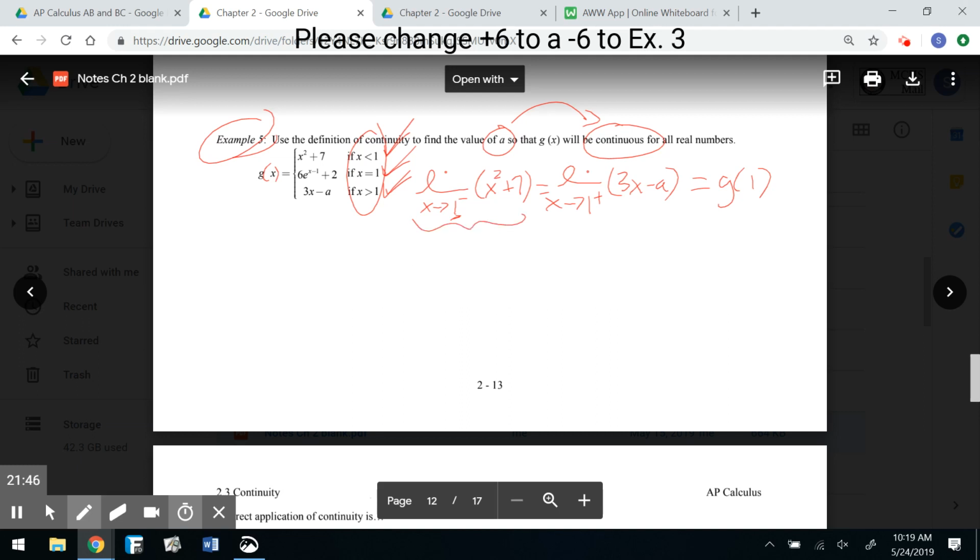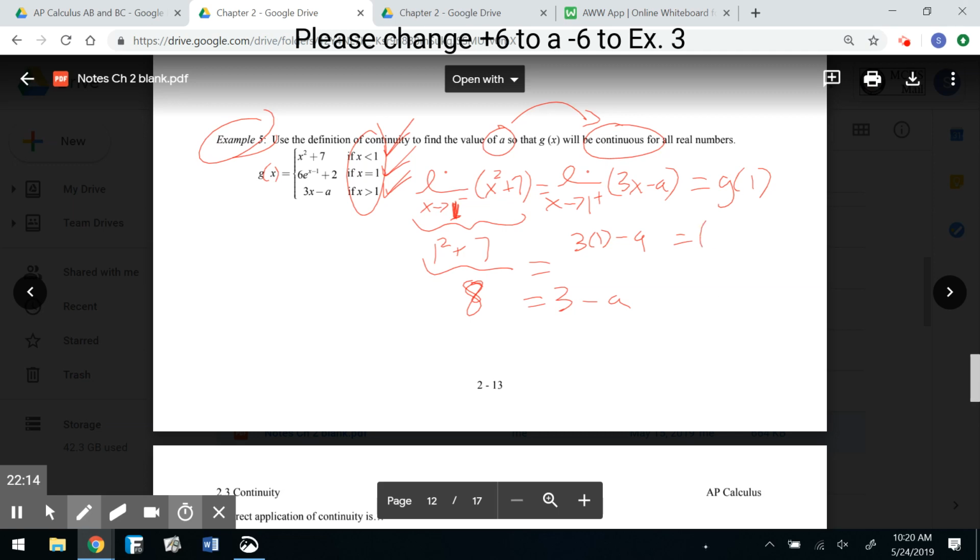All right, let's evaluate these limits. What's my first step? Direct substitution. Let's take that 1 and plug it in there. What do we get? 1 squared plus 7, which gives me 8. Okay, let's plug a 1 into the next one. I get 3 times 1 minus a, and so I get 8 equals 3 minus a. Well, that's a little strange, but I can deal with that. Equals, what do I do for g of 1?